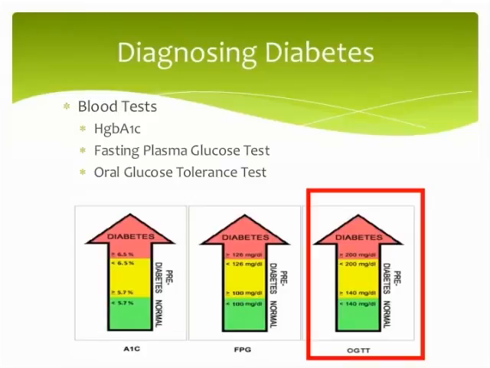A person will drink a glucose drink and then have their blood drawn after 1, 2, and 4 hours after finishing the sugary drink. Normal test results at the 4-hour mark should be less than 140. Prediabetes will be diagnosed between 140 and 200, and at a level of over 200, someone will get the diagnosis for diabetes.